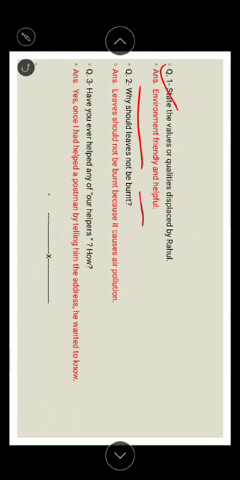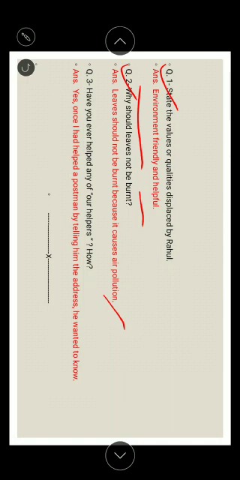That's why he asked the gardener not to burn the leaves, because burning leaves causes air pollution and harms the environment. So he was environment friendly, and he was also helpful because he helped the gardener to pick up the leaves. Now, what was question number 2? Why should leaves not be burnt? As discussed many times, leaves should not be burnt because it causes air pollution.